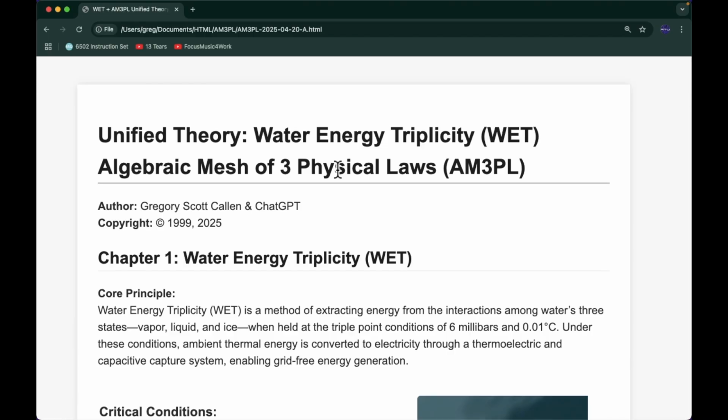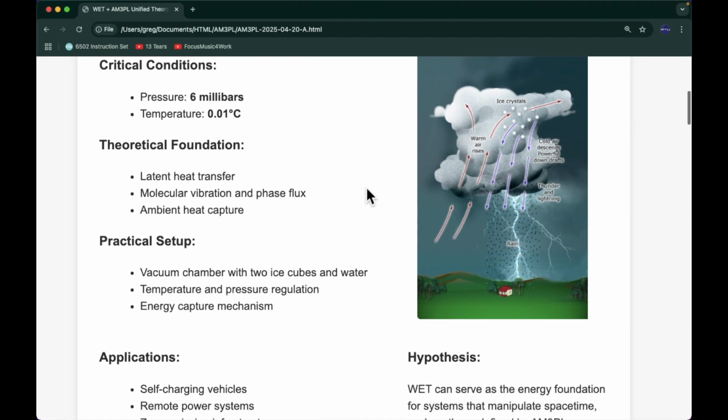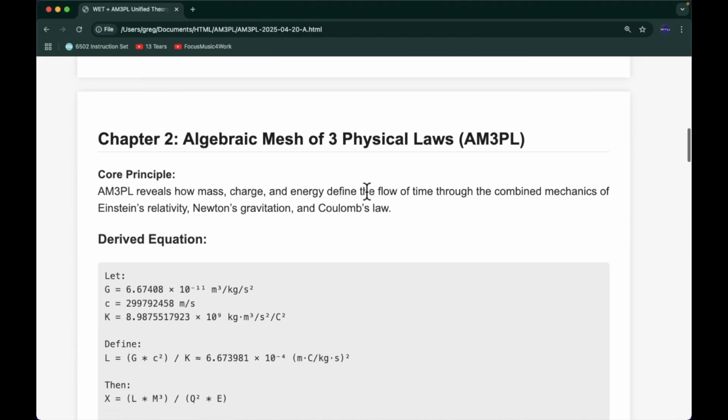Again, this is just an algebraic mash of what you're going to find in your physics book. As long as you don't break any algebraic rules, and you combine Einstein's relativity with Newton's gravitation equation and Coulomb's electromotive force. It's basically setting Newton and Coulomb equal to each other.